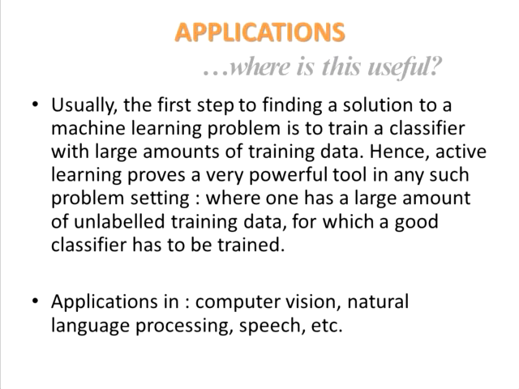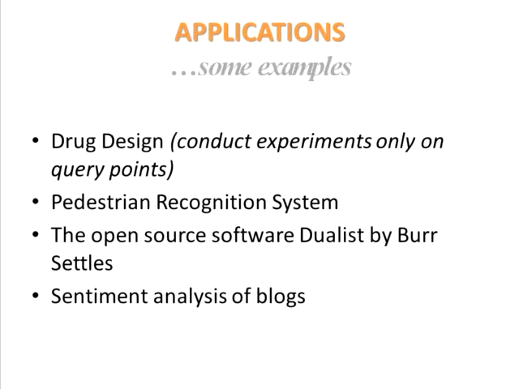Now it has widespread applications. It is used in computer vision, natural language processing, speech, and so on. I'm just going to take a few examples. One is in drug design. A lot of experiments have been carried out. In drug design especially, you can't really afford to query all the unlabeled instances.